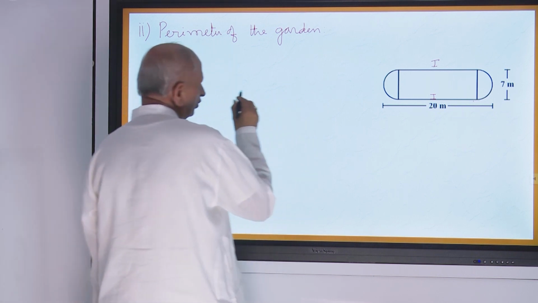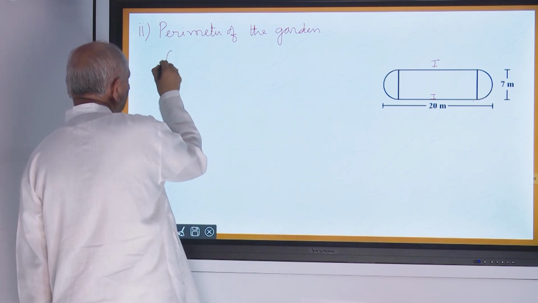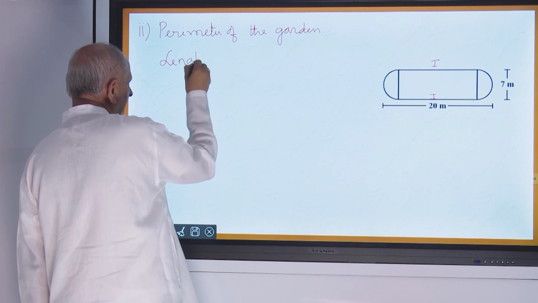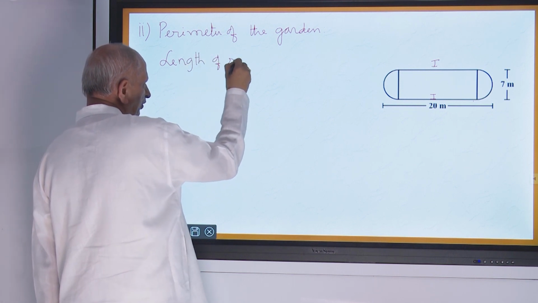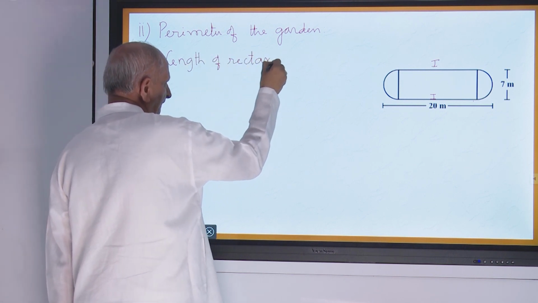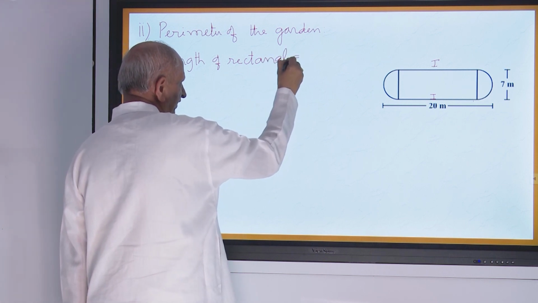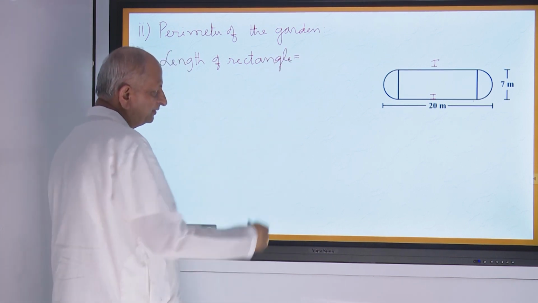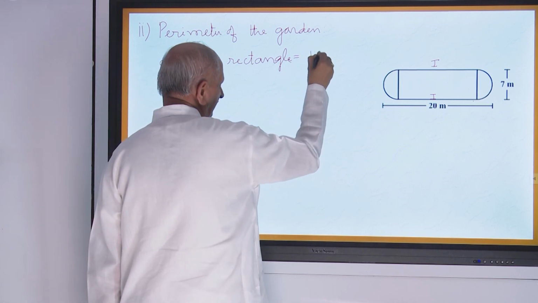Okay, so you have the length of the rectangle. Already we have found out in the previous problem. How much is it? 20 minus 7, that is 13 meters.